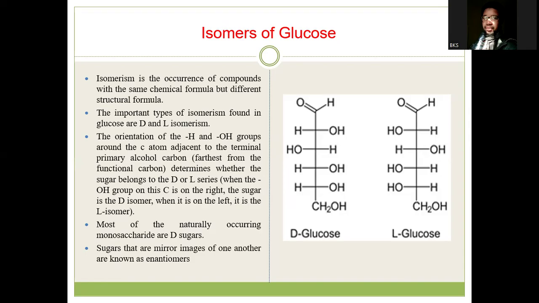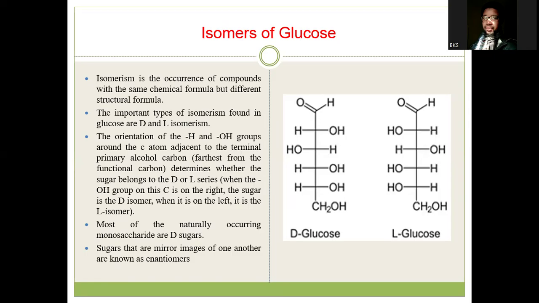When you have a sugar solution, for example, a glucose solution, this solution is able to rotate a beam of polarized light to either left or right. There are some sugar molecules that when you subject them to a beam of light, they can rotate that light to either left or right.